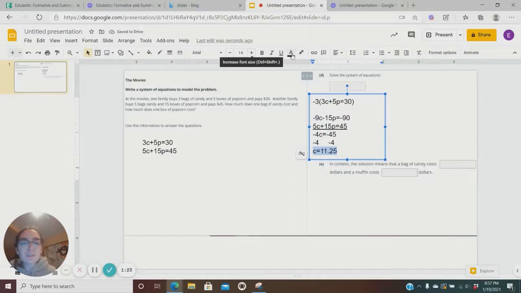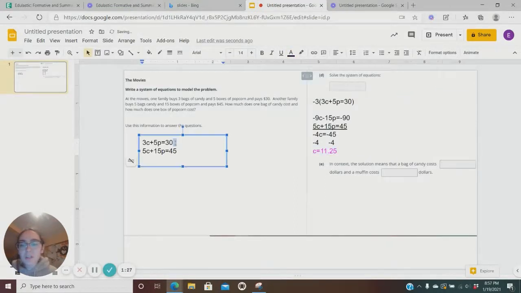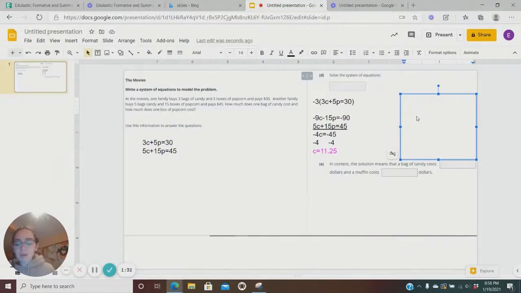Now I'm going to use that c value and plug it into one of my two equations. I'm just going to grab the first one, plug it in, and solve for my p value. How much is the popcorn going to cost? So I'm going to say 3 times 11.25 plus 5p is equal to 30.